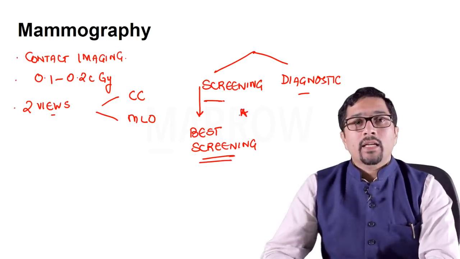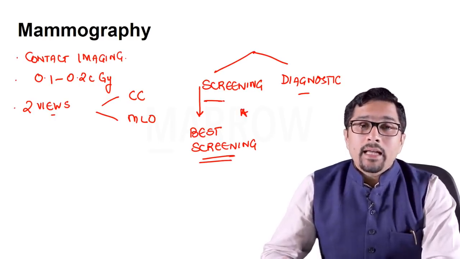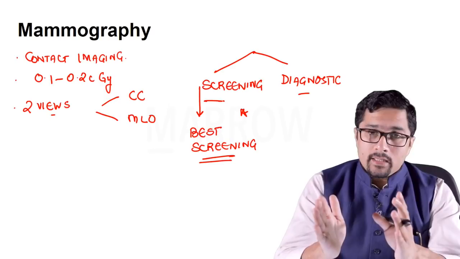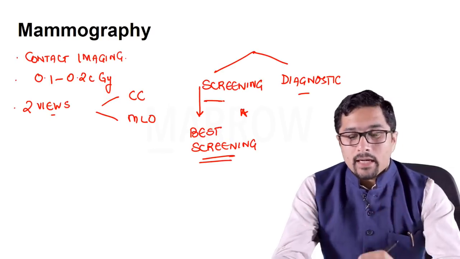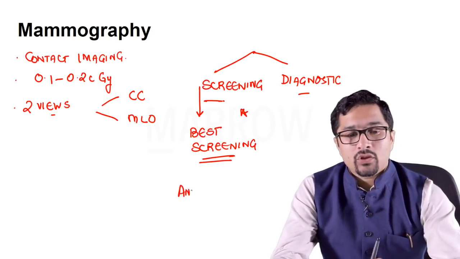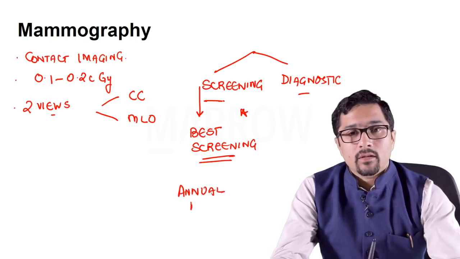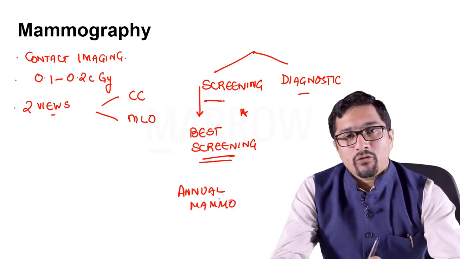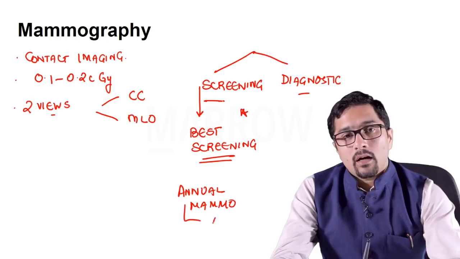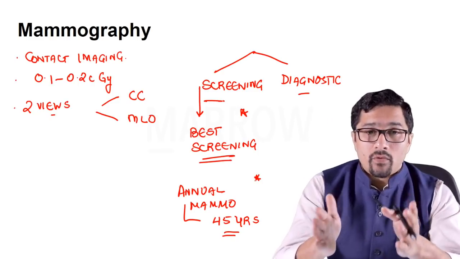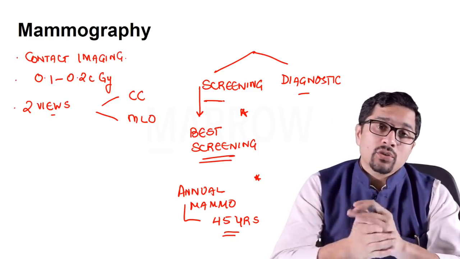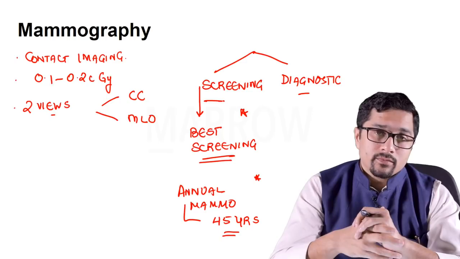Mammography is the best screening investigation for breast cancer, and the latest guidelines recommend that annual mammography should be done starting from 45 years of age. So these are the latest guidelines. Earlier it was 40 years. It has been changed to 45 years now.